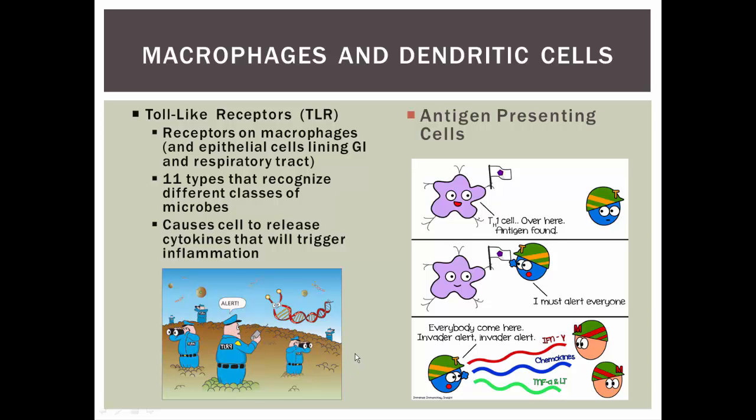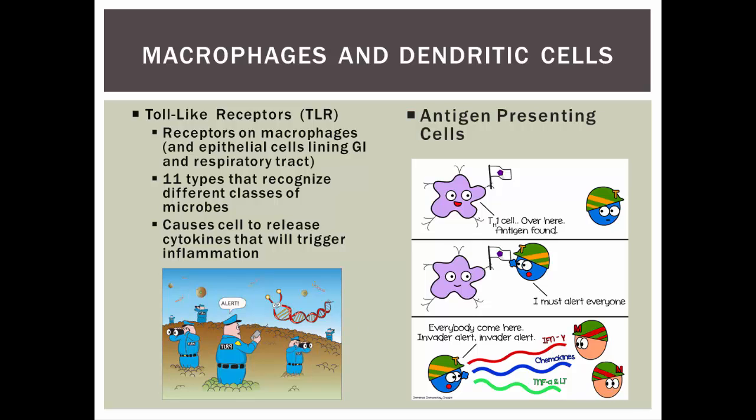They're basically on the lookout for particular kinds of microbes, and then in response to that, they send an alert out. Obviously it's not through a little walkie-talkie, but by releasing cytokines. Again, these are chemical messengers, and those chemical messengers will then trigger inflammation, which will bring in this huge front of phagocytes and other chemicals to get rid of the pathogen that they recognized.